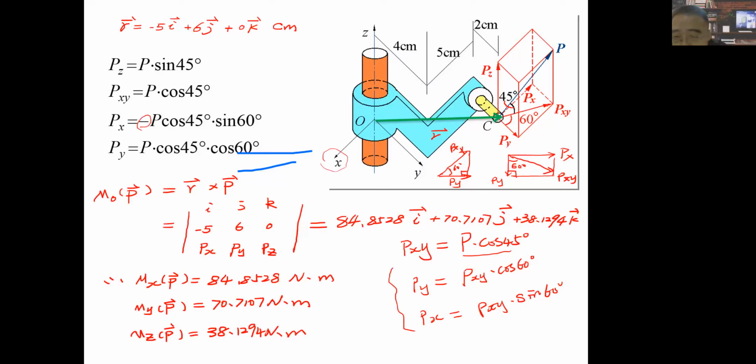And by the same method, when we project pxy onto here, you'll find py is along the positive direction of y, so it has a positive sign and we do not need to write it. That's why here there is a minus sign. I hope you can totally get it. Yes, it is a little bit difficult to understand, right?